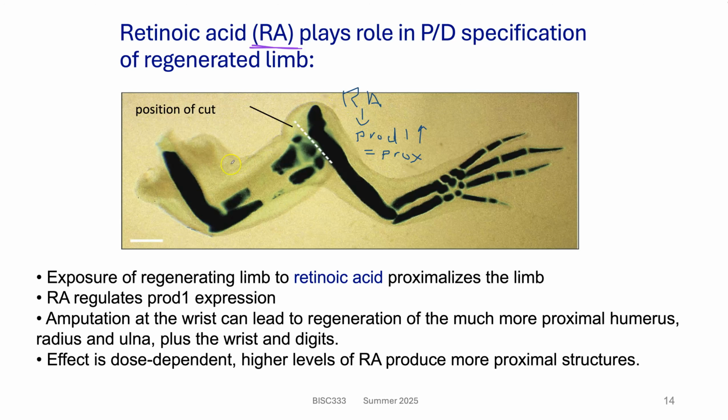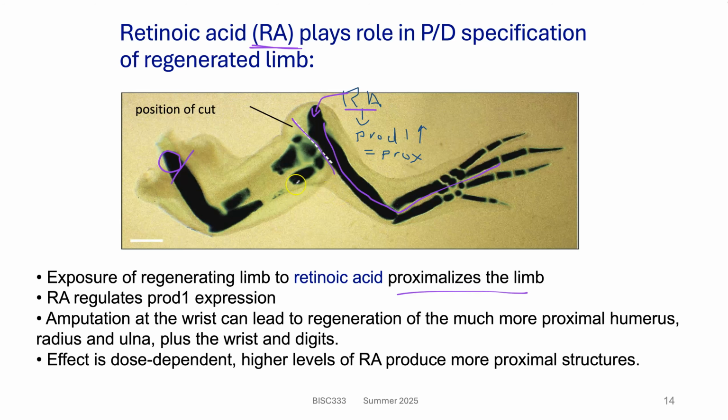If you have a distal amputation, you allow the blastema to form, but then you treat it with high levels of retinoic acid, it regenerates an entire limb, just as if you had done the amputation way up here, where you have these really proximal values.